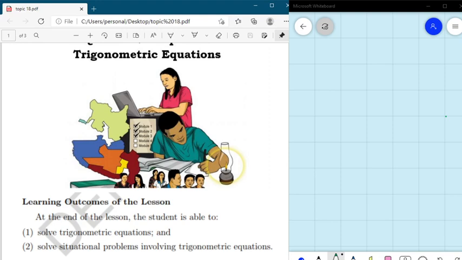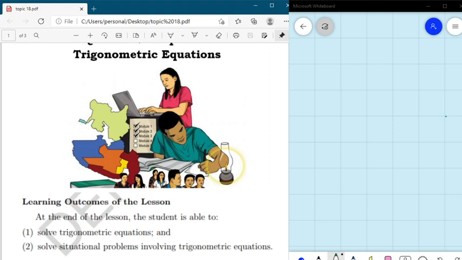Then the inverse trigonometric function, values of the trigonometric function involved on the interval given. And lastly, we use the zero factor law. And to solve an equation means to find all solutions of the equation.